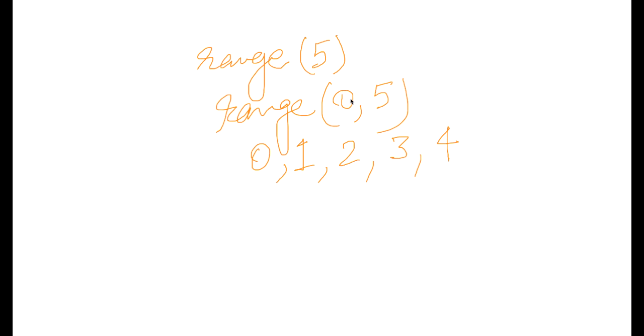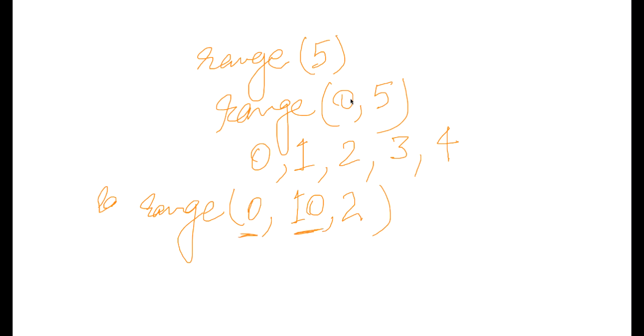Now if I say, give me range from 0 to 10 with a step size of 2. This is 2. What it means is, I am telling it to give me the values from 0 till 10, excluding 10.